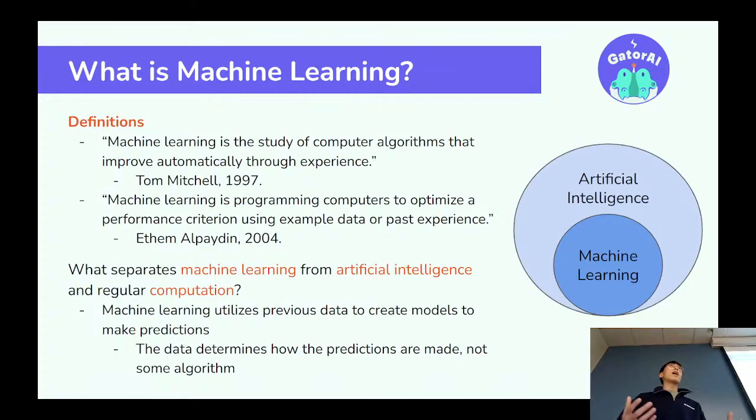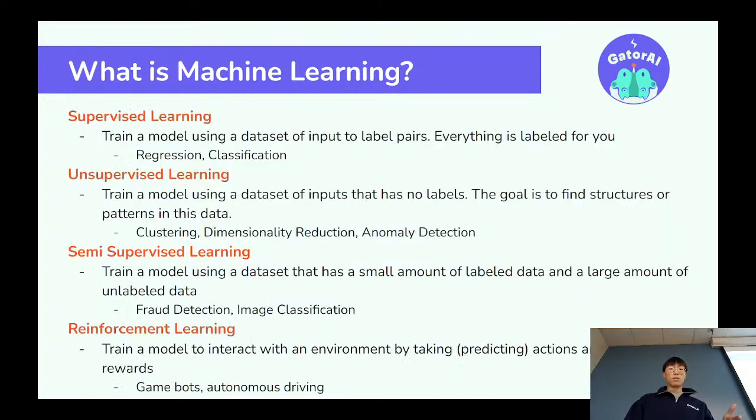But in a regular algorithm, the previous data doesn't matter. No matter what I send in, it will never update itself and make a different output. The output will always be the same. And so that's really the biggest separation between machine learning and regular computation algorithms: machine learning takes the previous data and builds on it and uses that in its output.